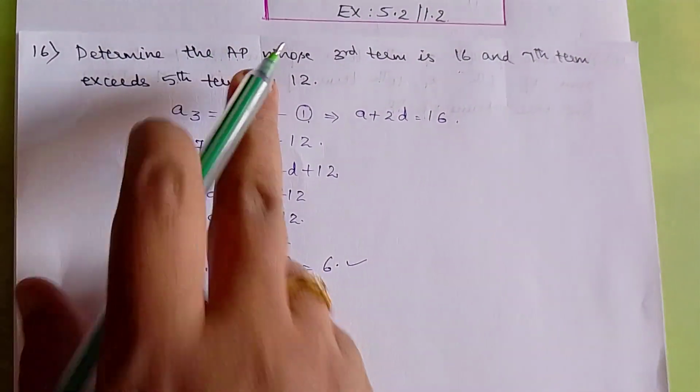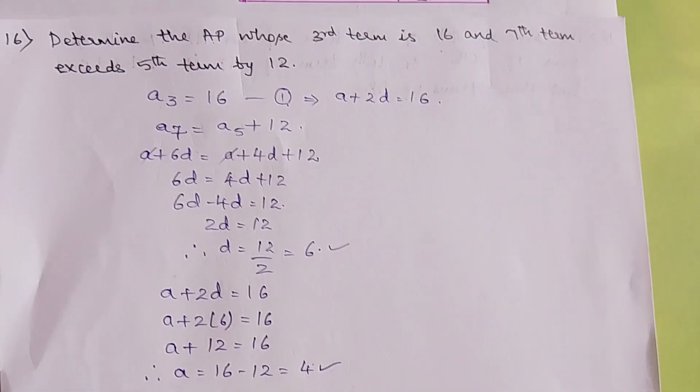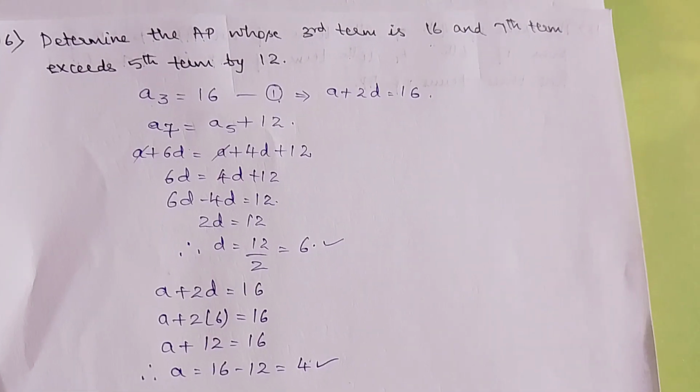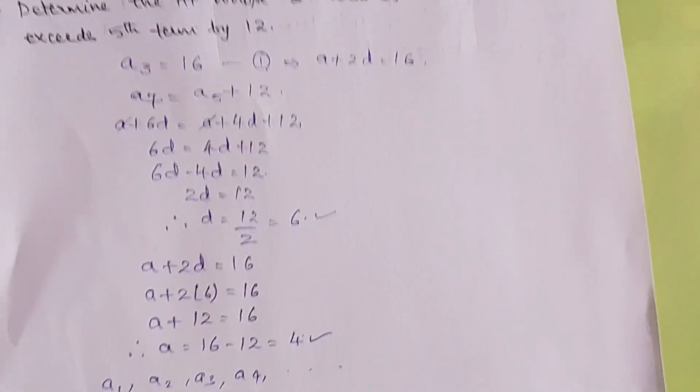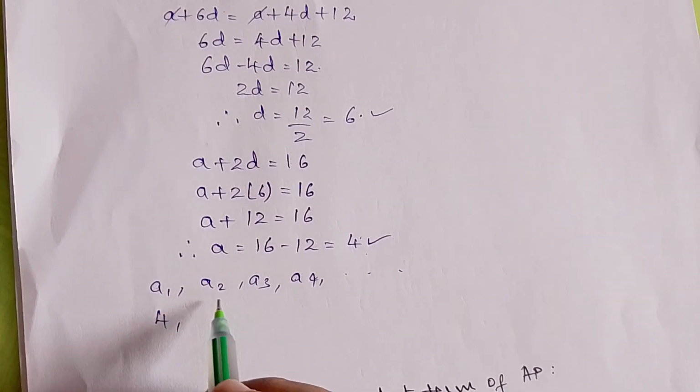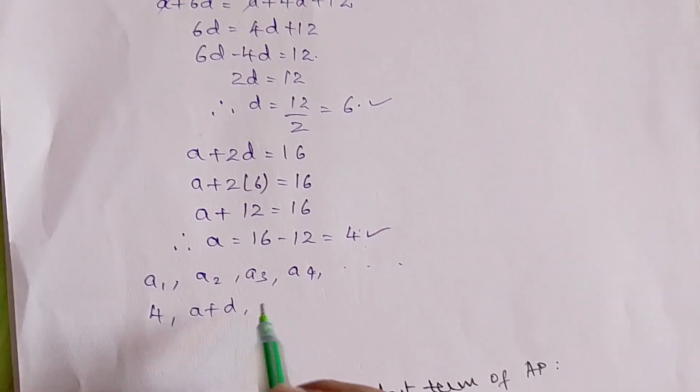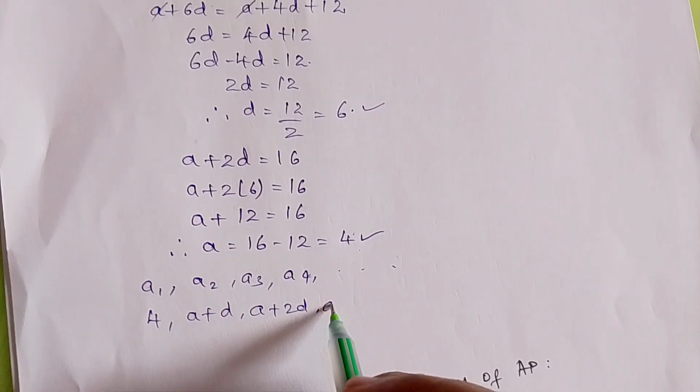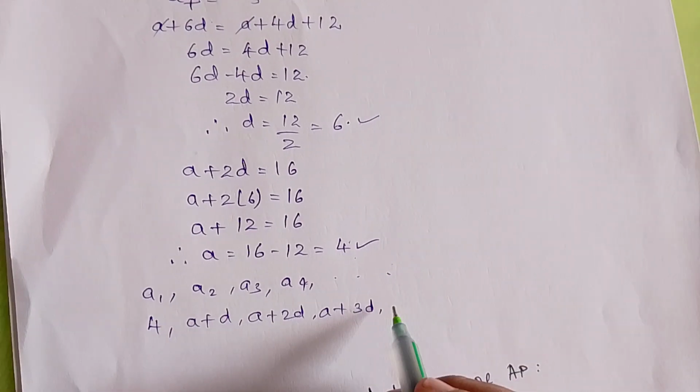Now they have asked us to determine the AP. So we will write terms of AP, A1, A2, A3 and so on. We will write 4 terms. The first term, we have already got, A is 4. Second term is A plus D. Third term is A plus 2D. Fourth term is A plus 3D and so on.